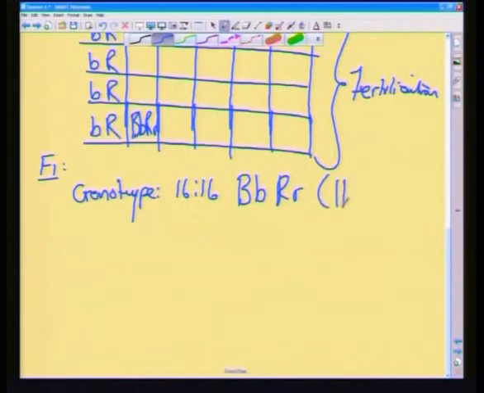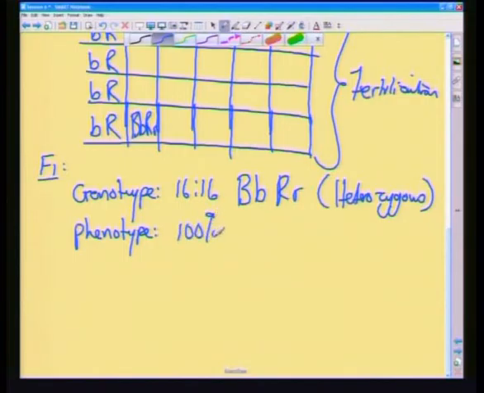So they are going to be heterozygous. Okay, and our phenotype, what are we going to be able to see? 100% of the offspring, 100% are going to have the same characteristics.